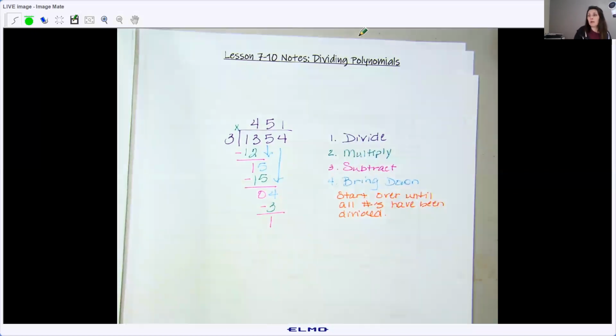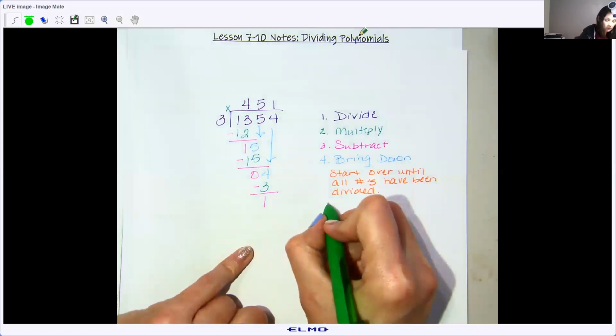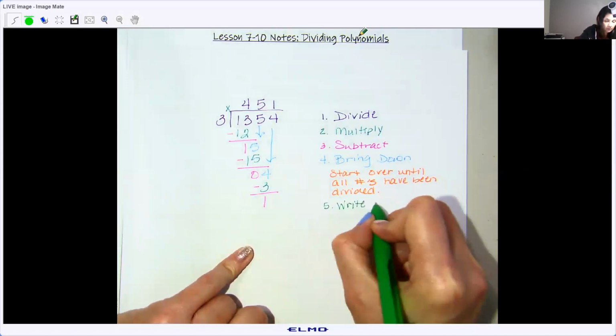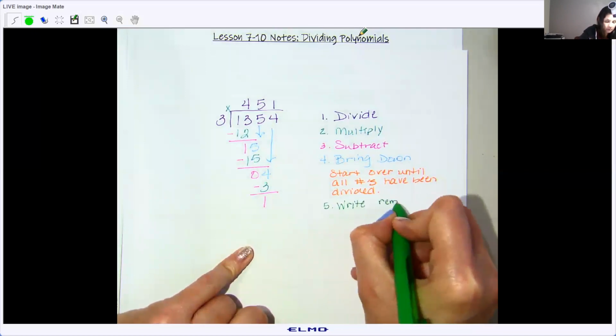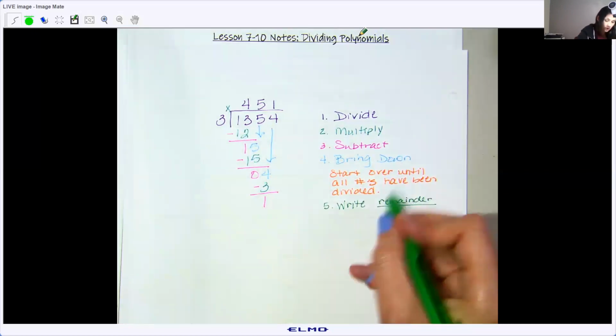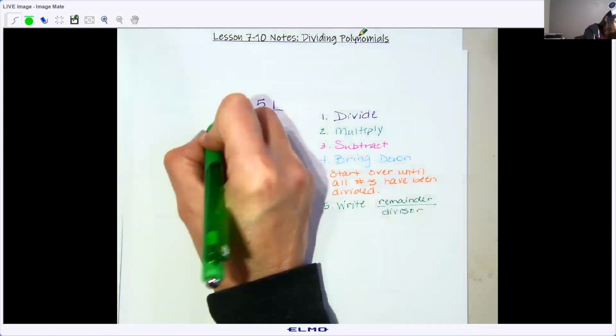Okay, this is where things change just a little bit, okay? So, write the remainder over your divisor, which is this guy right here.